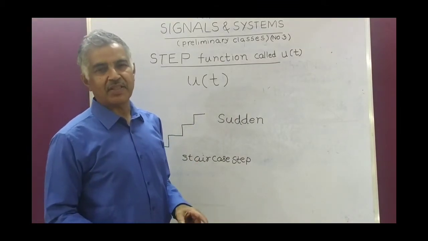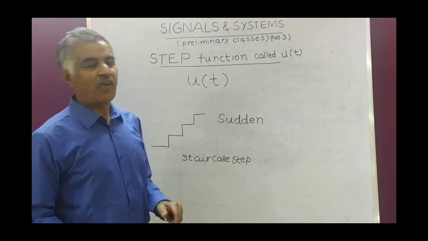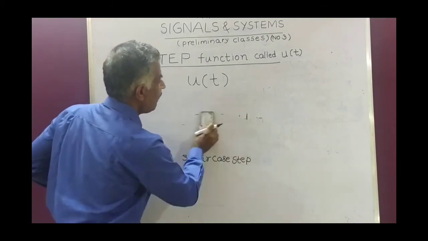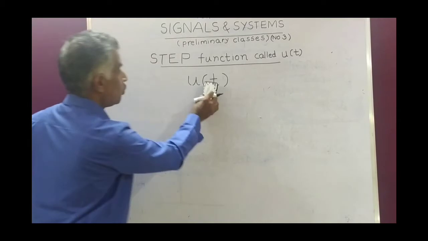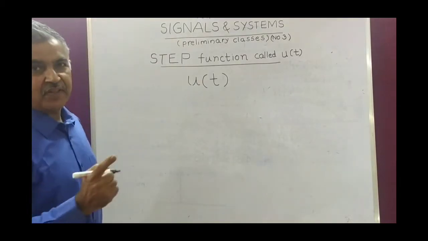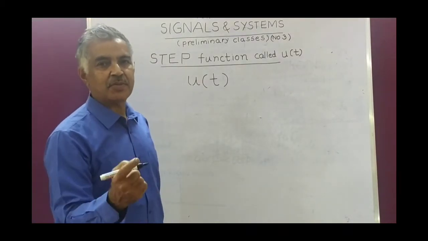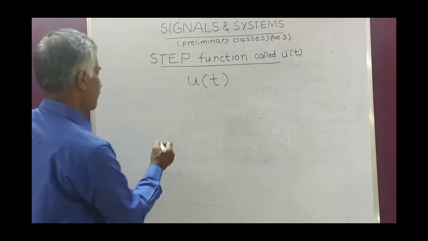Now in this class I will explain what a step function is. A step function is u(t). First I will sketch u(t) and then I will explain what u(t) is.